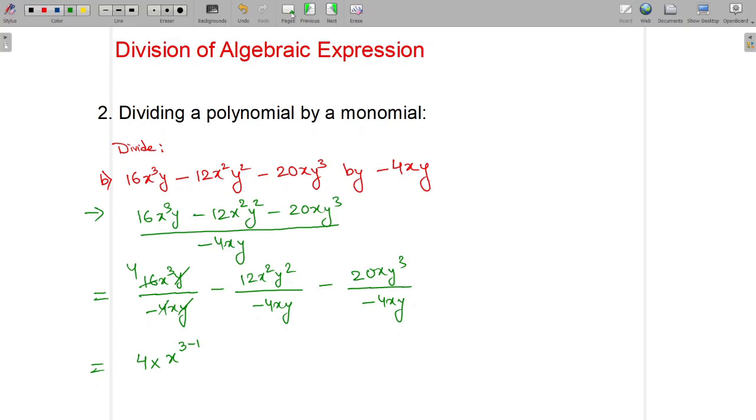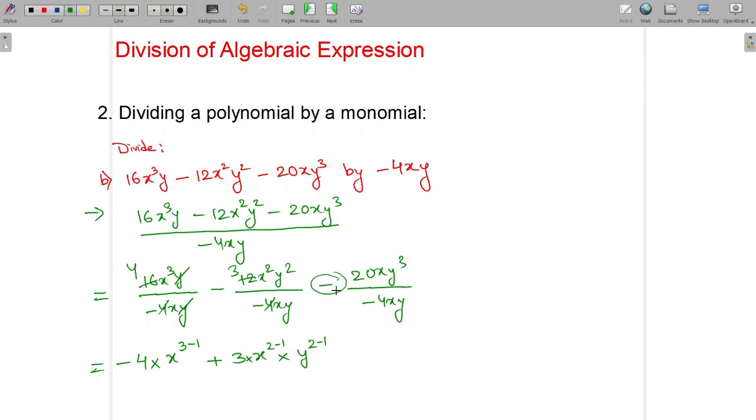Now what about the sign out here? So see, here there is no sign, which means it's plus, plus divided by minus will become minus. So finally the first term will have a minus sign. Then minus divided by minus is plus, 4 3s are 12, so 3 will come out here. Now x square by x, the power will get subtracted, into y square by y, so again the power will get subtracted.